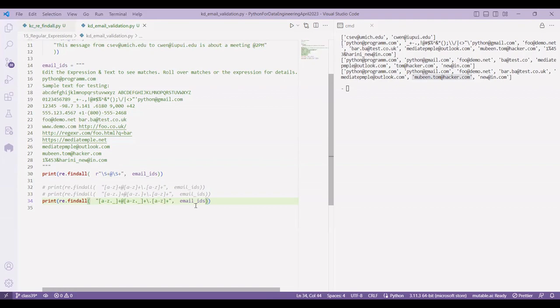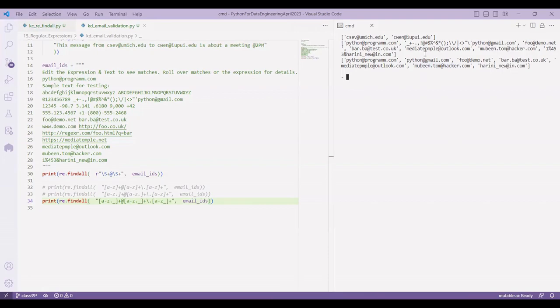Maybe in the domain name also sometimes there is an underscore. So I wrote that also. Now we got a better number of things. But did you see that bar at the rate of test.co.uk didn't come? Oh, this came finally. Yeah, it came.